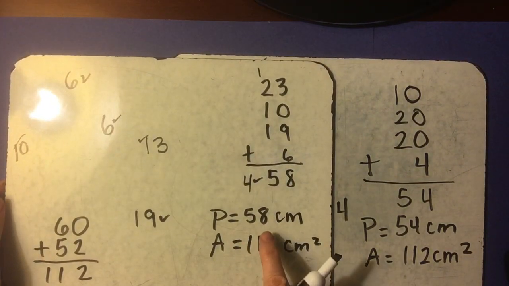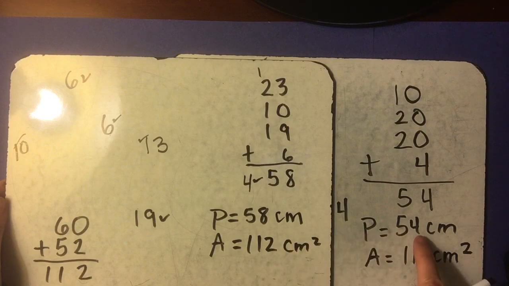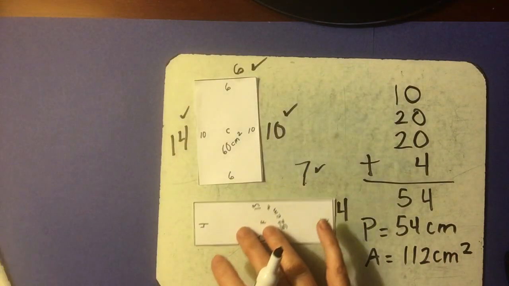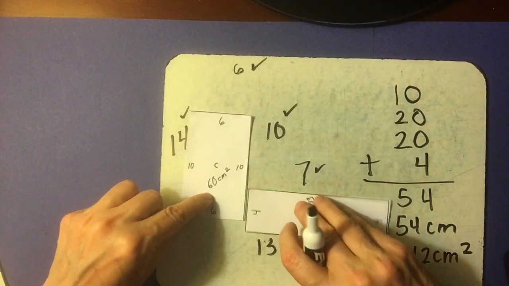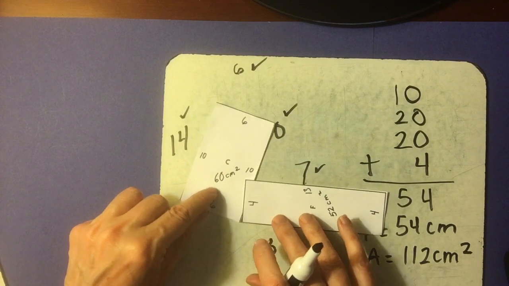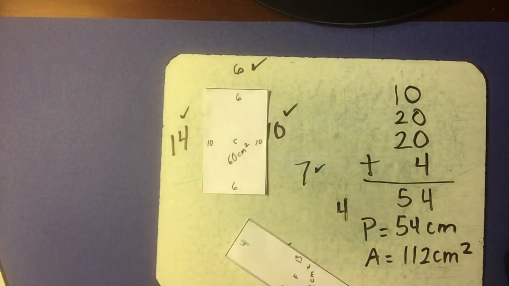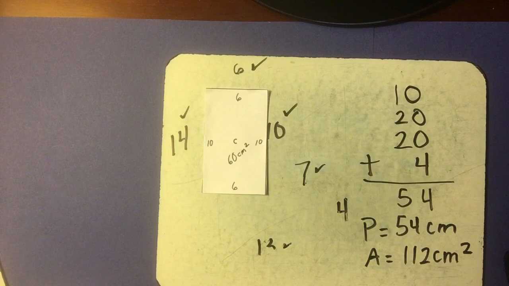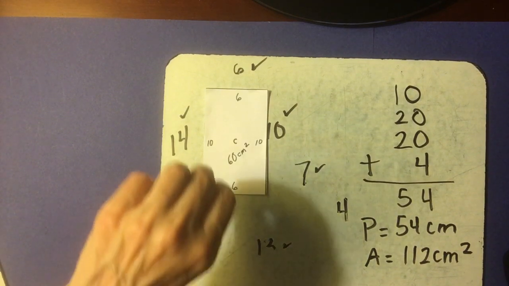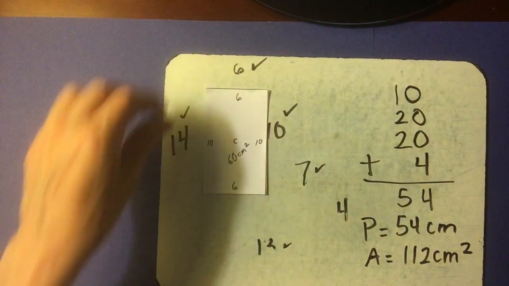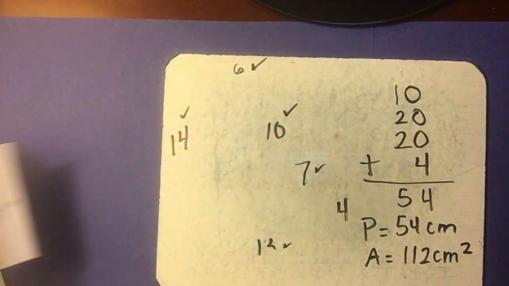This one had 58 centimeters for the perimeter, so when it was shaped like this, it had a bigger perimeter. Why would that be important? Well, if you're designing a house or a lawn or a park, you would want to know how big your spaces are going to be and what the perimeter might be.